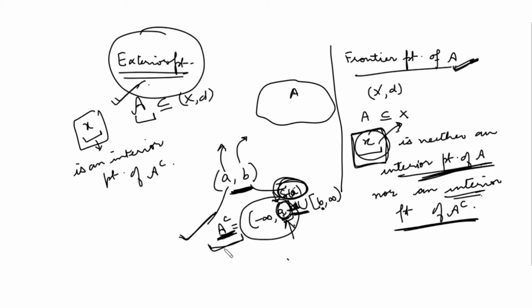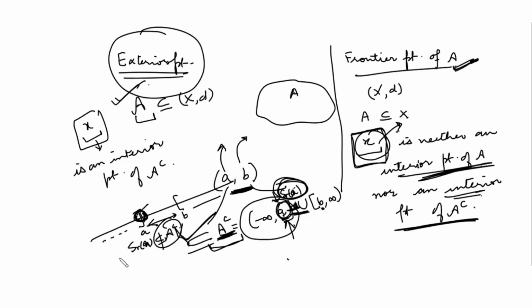So this open sphere is not completely lying in A complement. Getting my point? If you find smallest to smallest neighborhood around A, there are some points which are lying in the open interval AB. So there always exists an open sphere which is not completely contained in A complement. So A complement is not the neighborhood of A. Similarly for B. So therefore A and B, they are not the interior points of A complement. Is it clear?